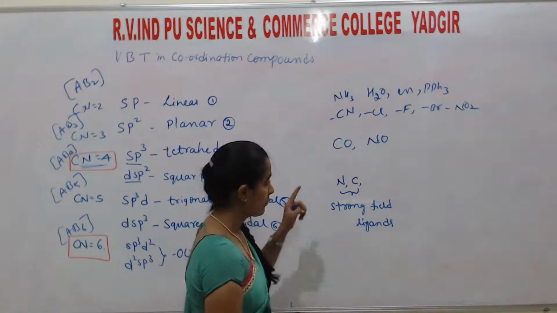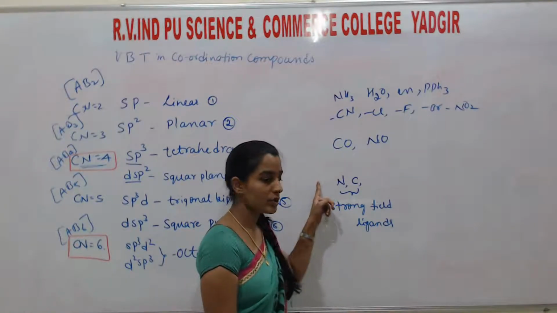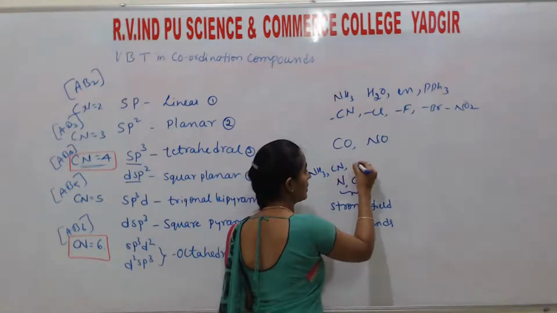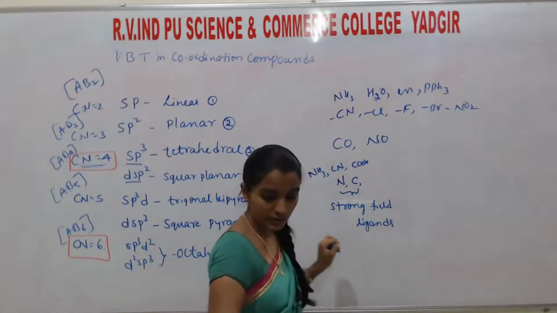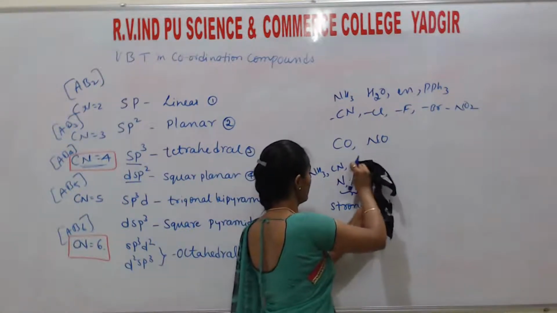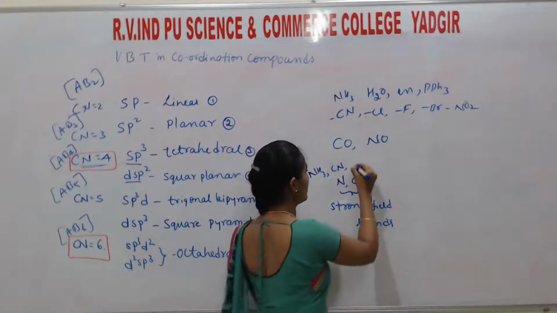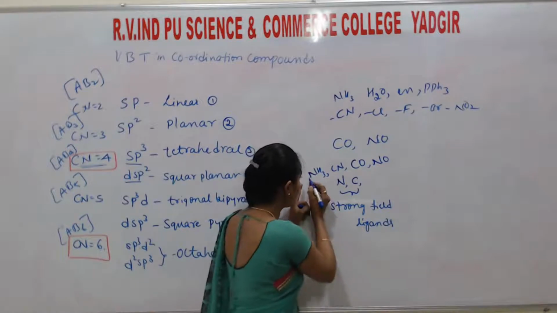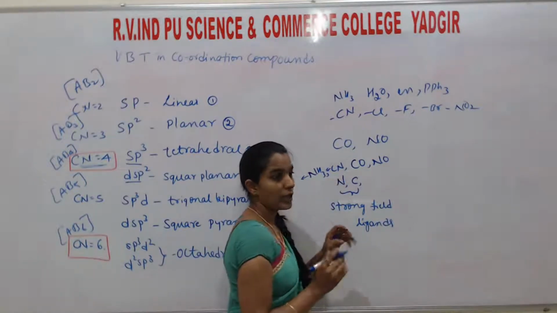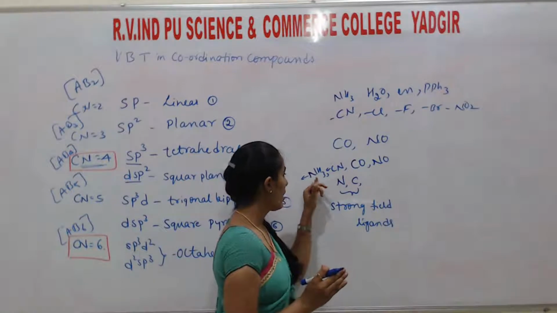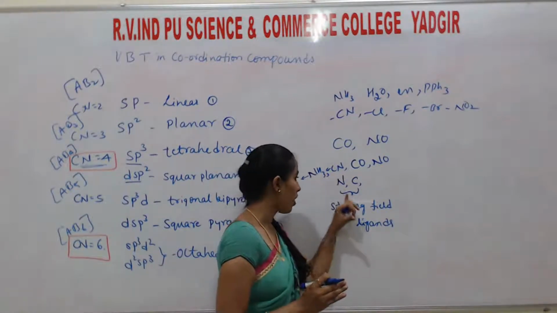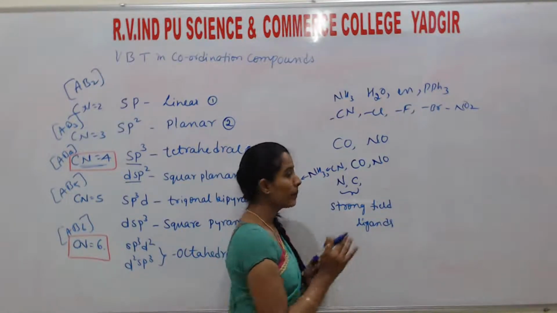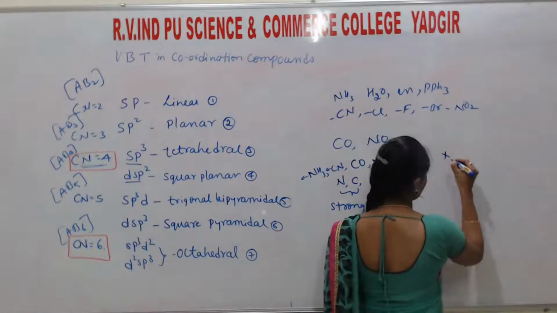Whether it may be NH3, CN, CO, NO, here the bond is formed by nitrogen and carbon. If the ligands consist of nitrogen and carbon atoms as donor atoms, then they are strong field ligands. Okay, next another one is halogens X.